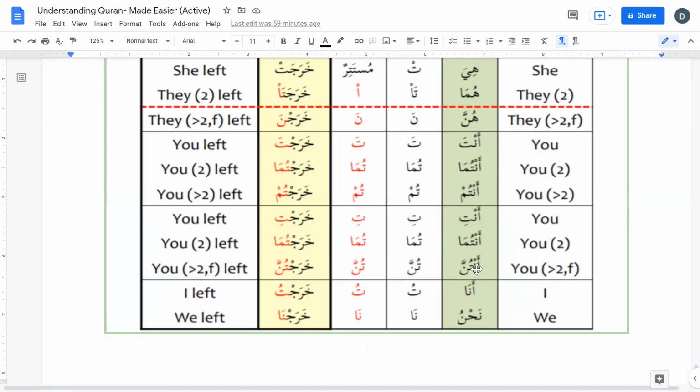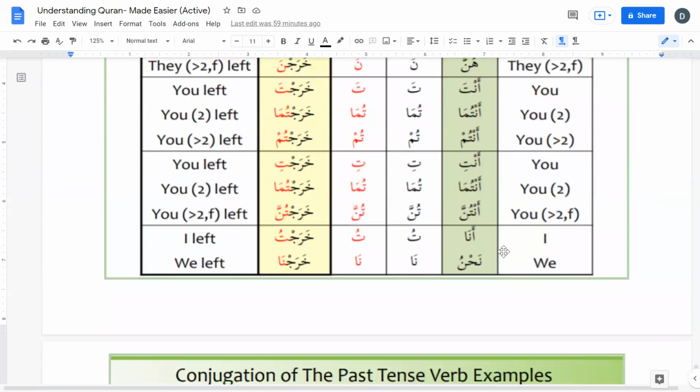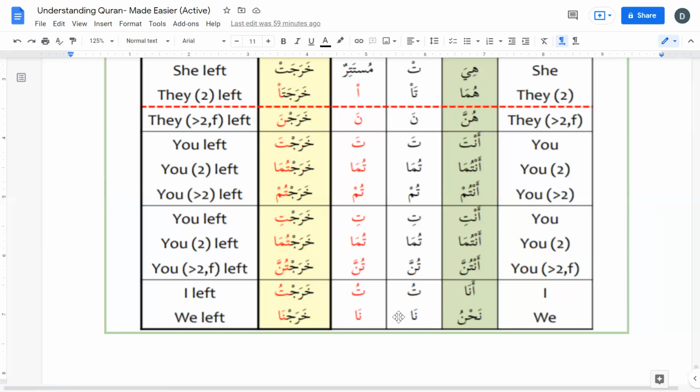Then antunna. The last part of antunna, the independent pronoun, is tunna, so we add tunna at the end. Kharajtunna. So this is you all left, and they are all female. Okay, and then ana. For ana, it is important to remember that the fi'l madi ending is always tu.